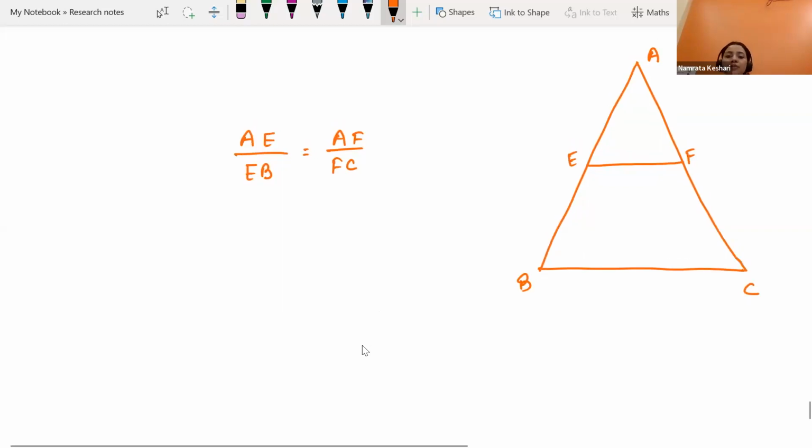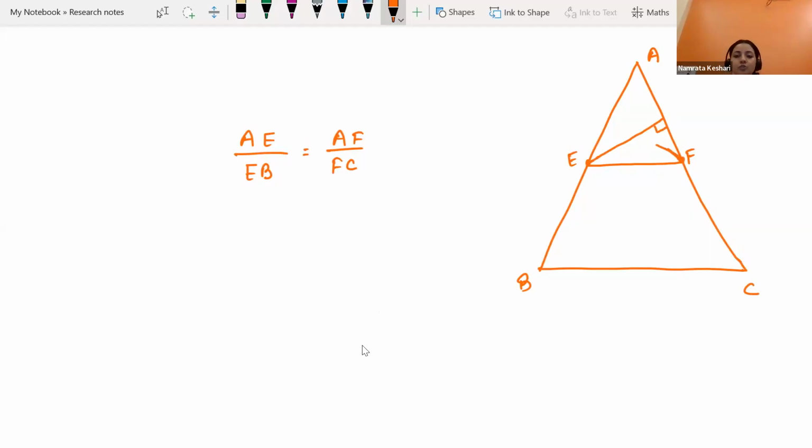Now what we are going to do here, at first we will be doing a few constructions. From the vertex E, I'm dropping a perpendicular, an altitude, I'm drawing like this. From the vertex F also I'm going to draw an altitude.